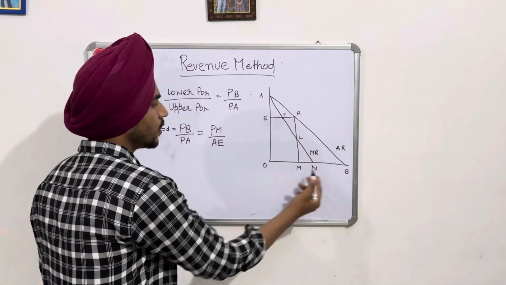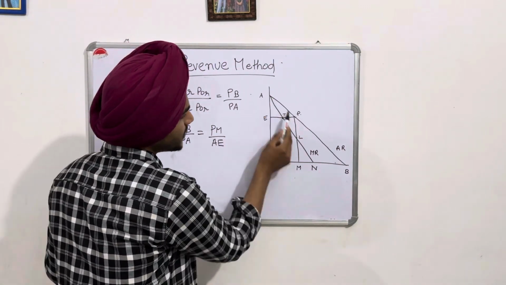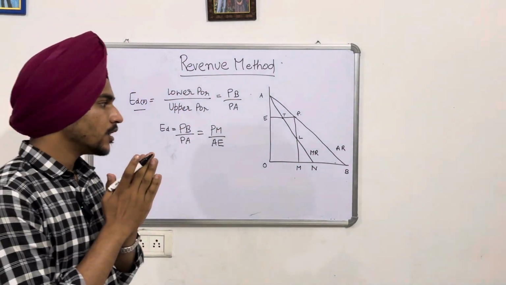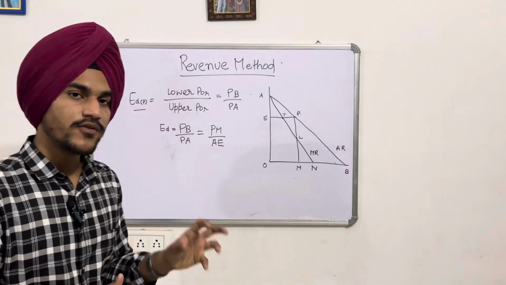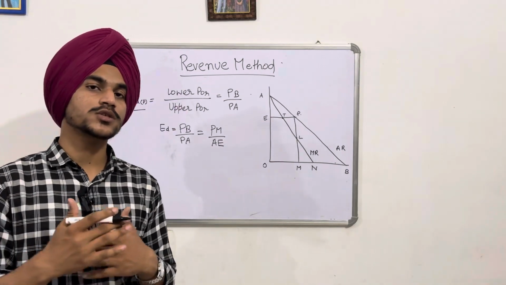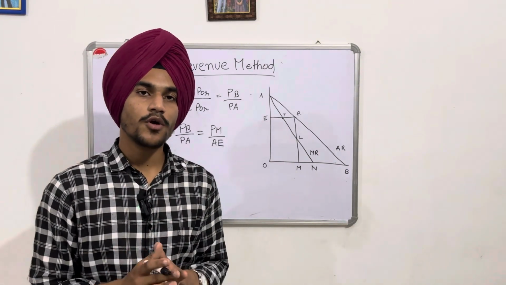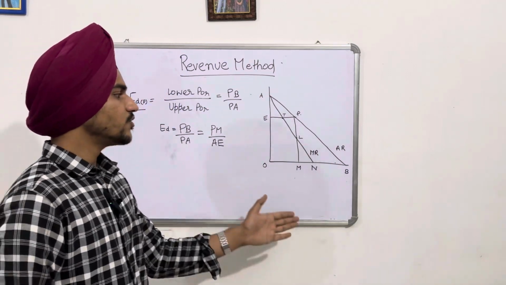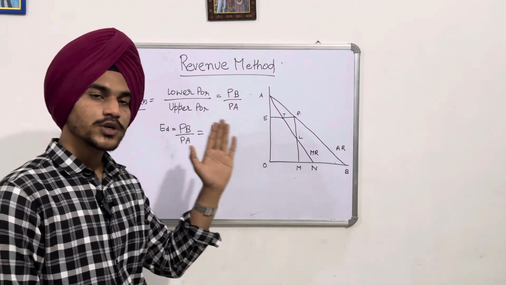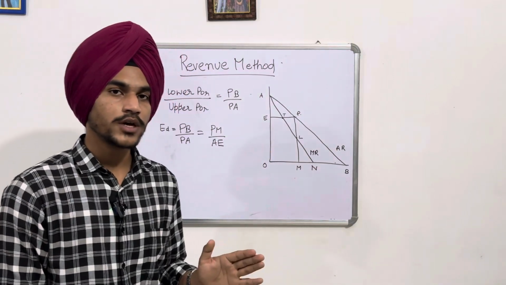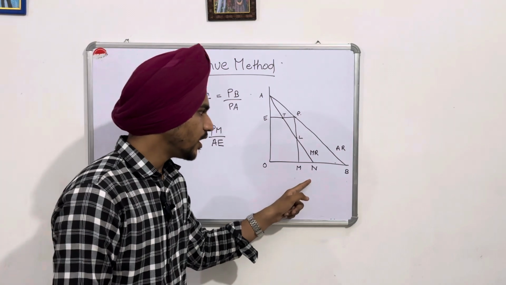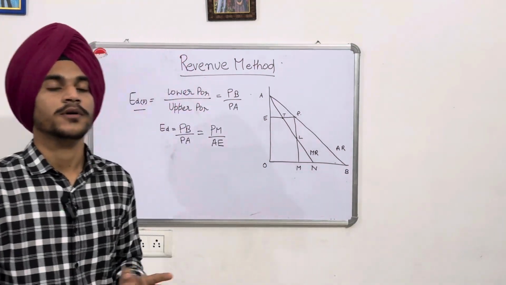So this is the graph, this is the average revenue curve, and always remember that the average revenue curve is equal to the demand curve in economics. In every chapter we will see that the average revenue curve is equal to the demand curve. And marginal revenue is always under the average revenue curve.